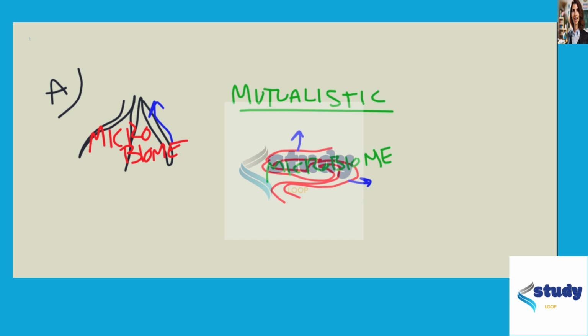So the microbes get a nice cozy place to stay and are constantly fed, and in response, they actually help us with our immune system and some immune properties. And so one example of that is in our gut bacteria. The microbiome can actually produce these antimicrobial peptides, right?